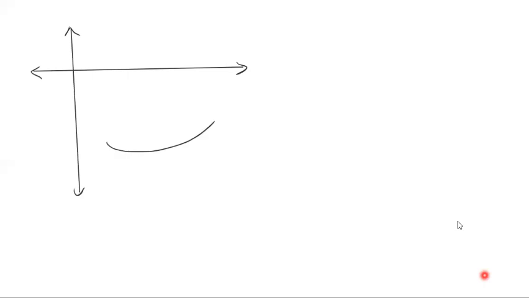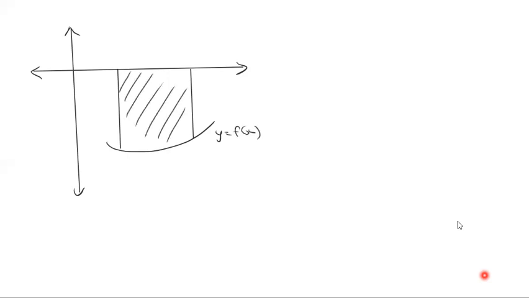So let's stick with y equals f of x for the moment, and let's think of a situation where it isn't above. Any ideas what to do in this situation where it's below? Everything is the same except f of x is below the x-axis.